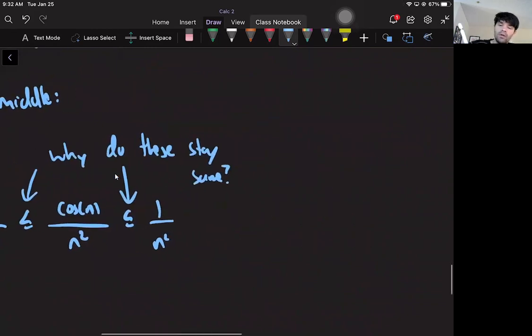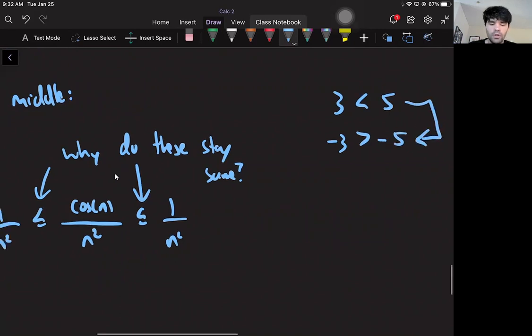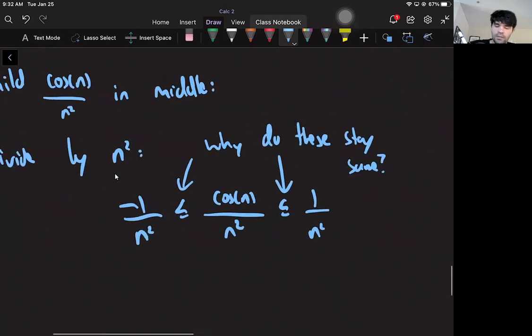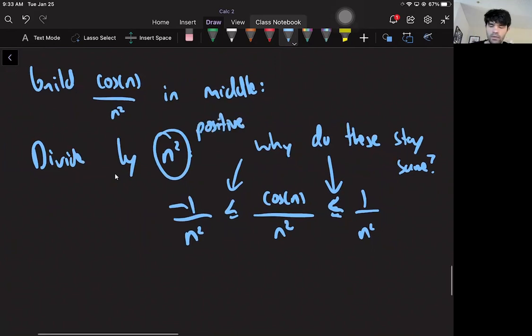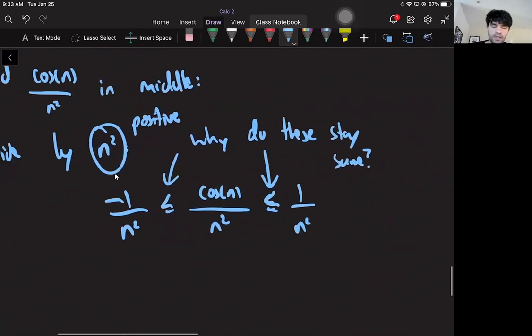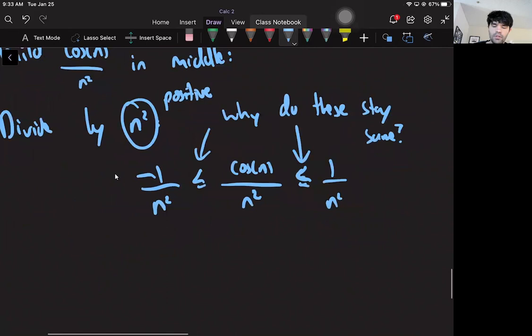Because if you remember something like this, if you multiply by a -1, it does flip it over. So you have to say, like, why do I know that these don't change direction? And it's because n squared is always positive because you're squaring something. And when you multiply by a positive or divide by a positive, it doesn't flip it. So that's why these don't switch directions.